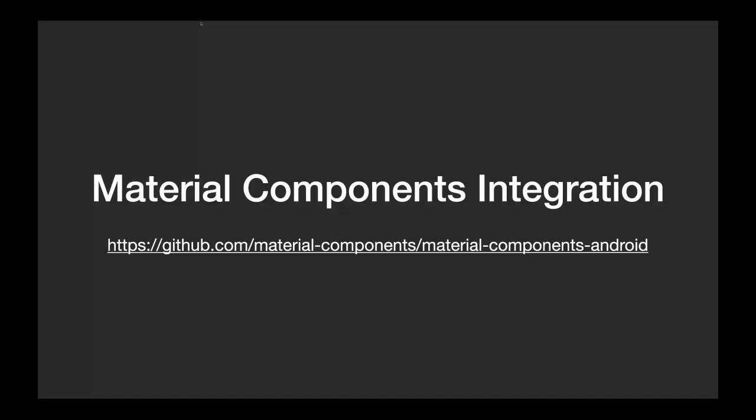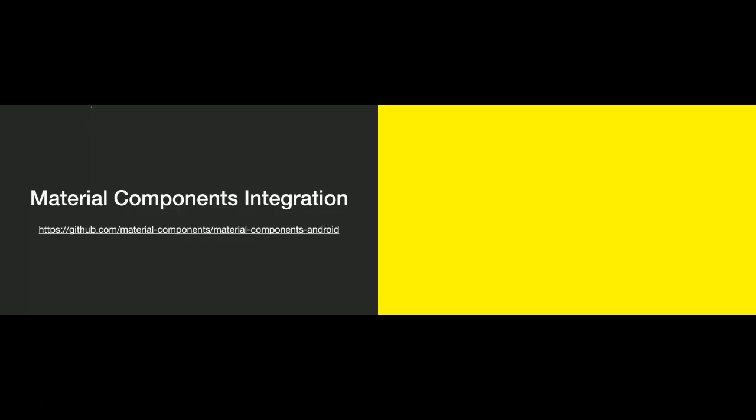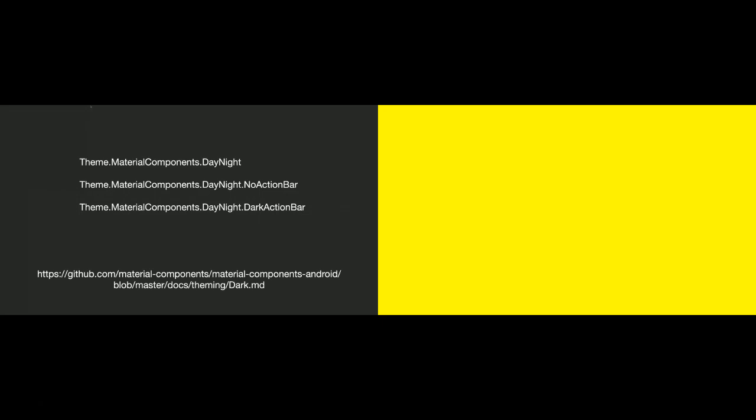I think the first one is that it came out with a day-night theme straight away. So you can use theme.materialcomponents.daynight. Then you have your no action bar, dark action bar, the usual. But it was a good thing to start with, and also because there is extensive documentation on GitHub.